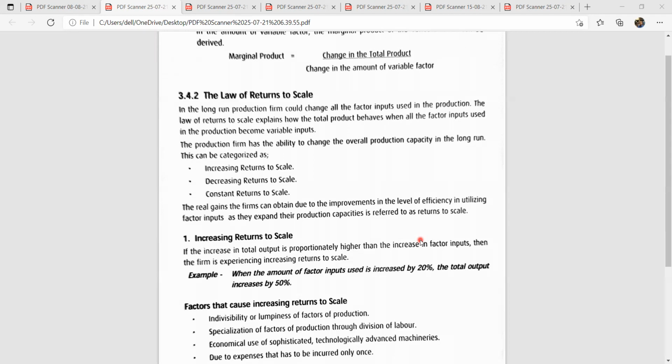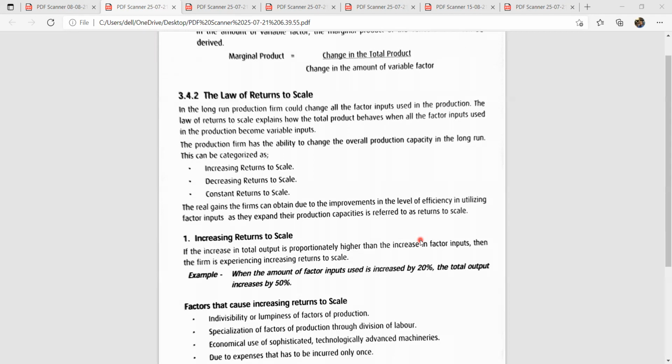Earlier in the short run, of course, we knew that only the variable factor changes, but fixed factors remain constant. Right now, all the factors are increased.